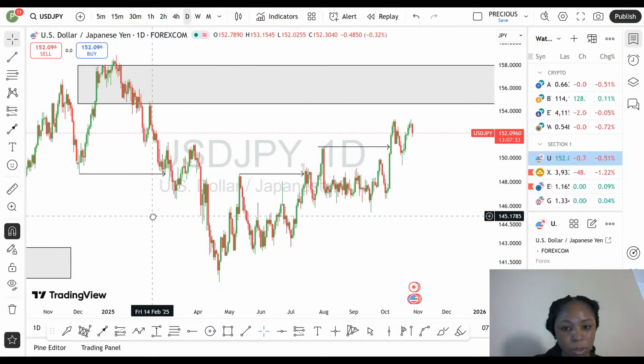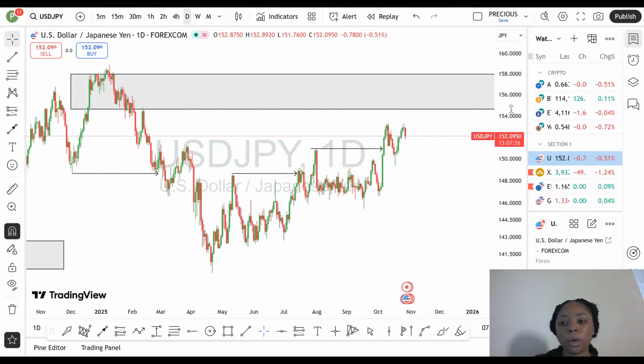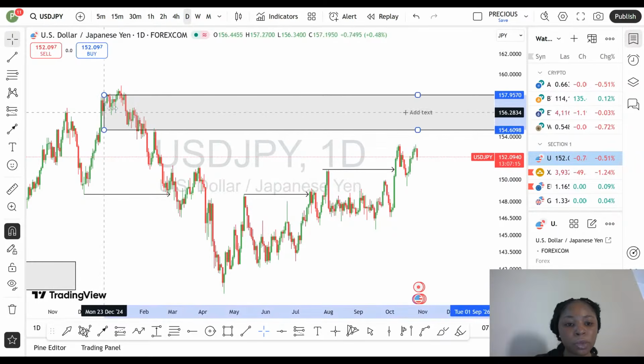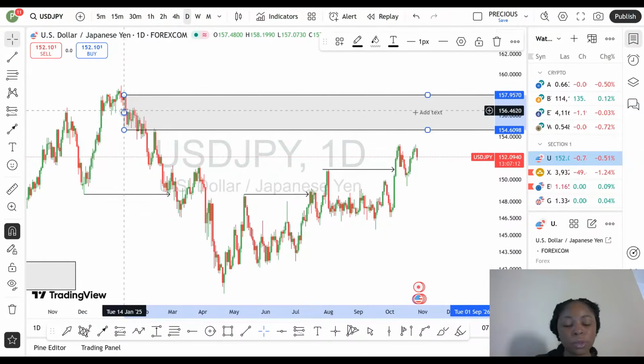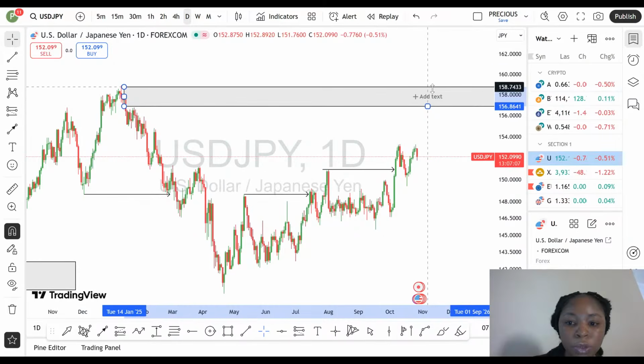So when we have a break of structure to the downside, a break of structure creates an opportunity for us to trade. This time around, we are having a break of structure to the downside, so it's an opportunity to sell. This is my daily time frame point of interest.